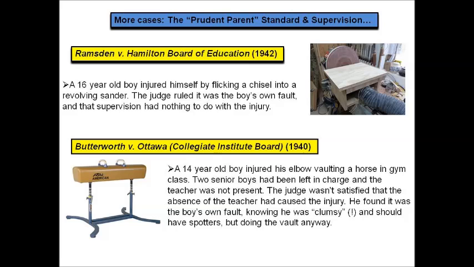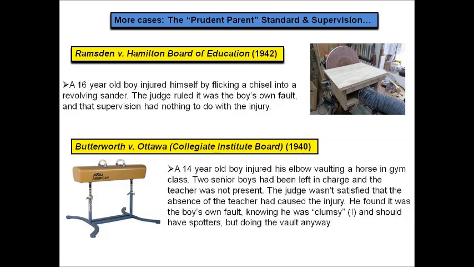If the teacher was there, the kid might still have injured himself vaulting the horse in gym class. In fact, it's the kid's fault for vaulting the horse in gym class, because he knew himself that he was clumsy and should have spotters, but he did the vault anyway without the spotters.